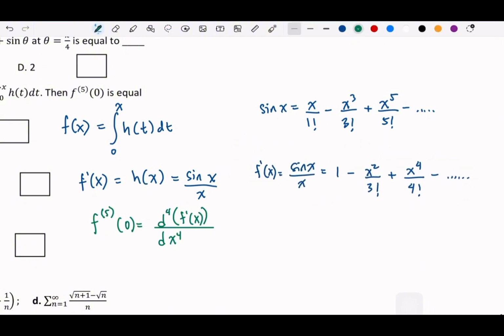So we need to find the f double prime, which we are going to just derive one by one. Oh wait, this is not 4. 5.